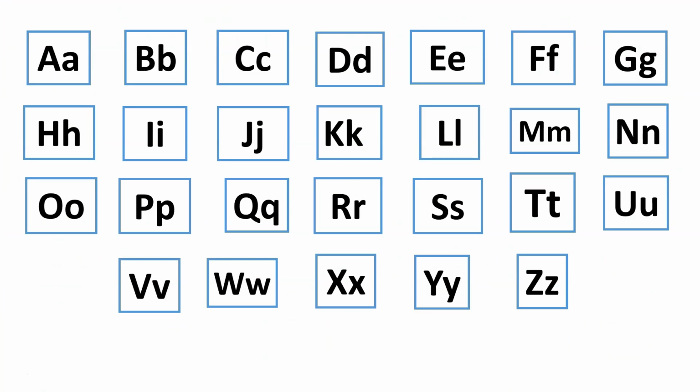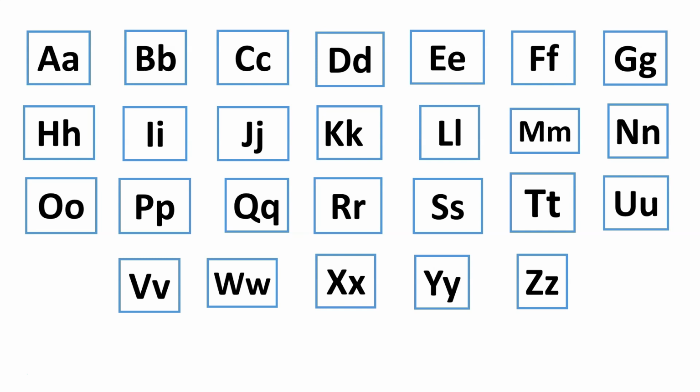In the English alphabet, there are 26 letters and each letter has its own name, like A, B, C, D, E, up to Z. While reading words or text, we use different names other than these letter names.